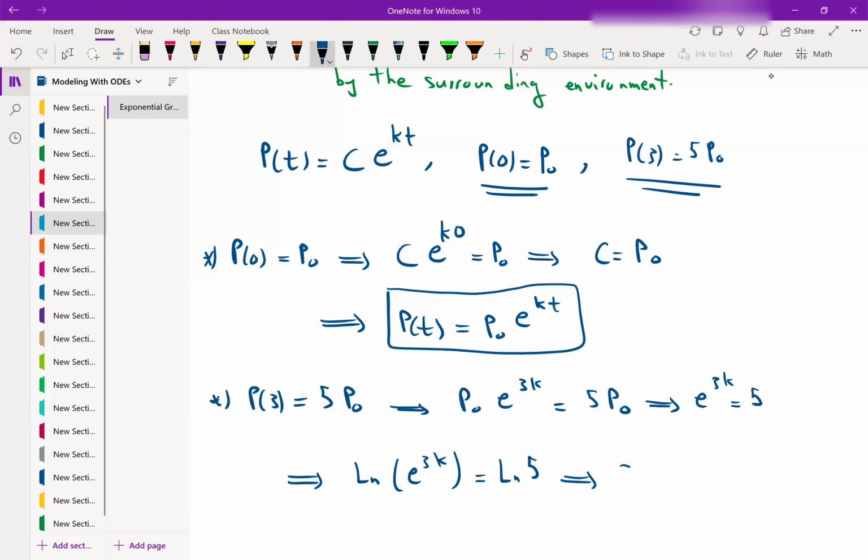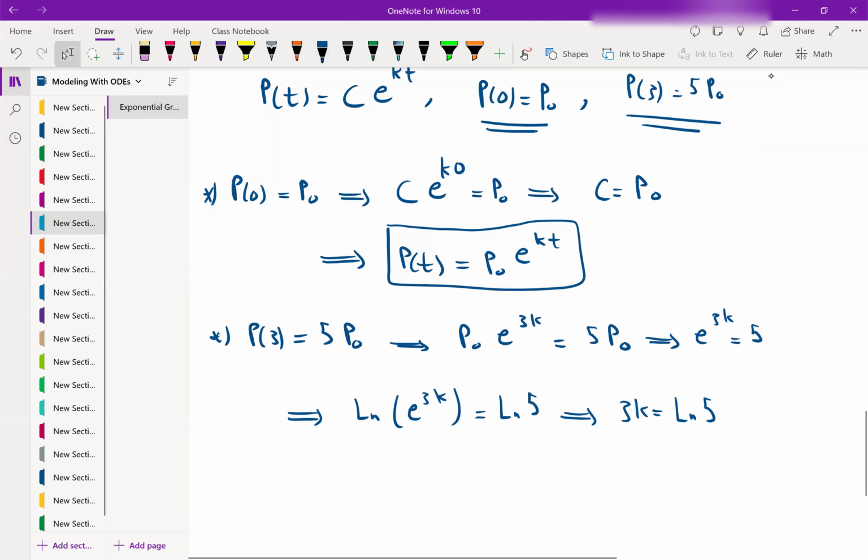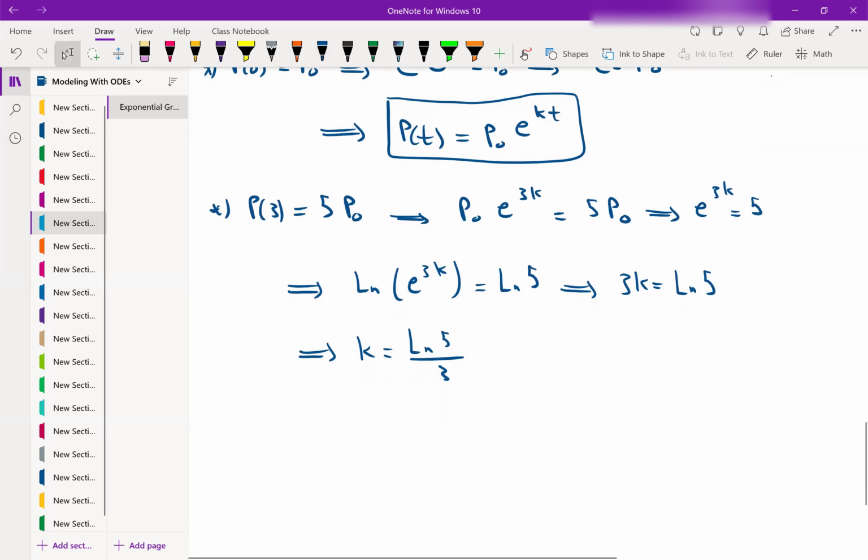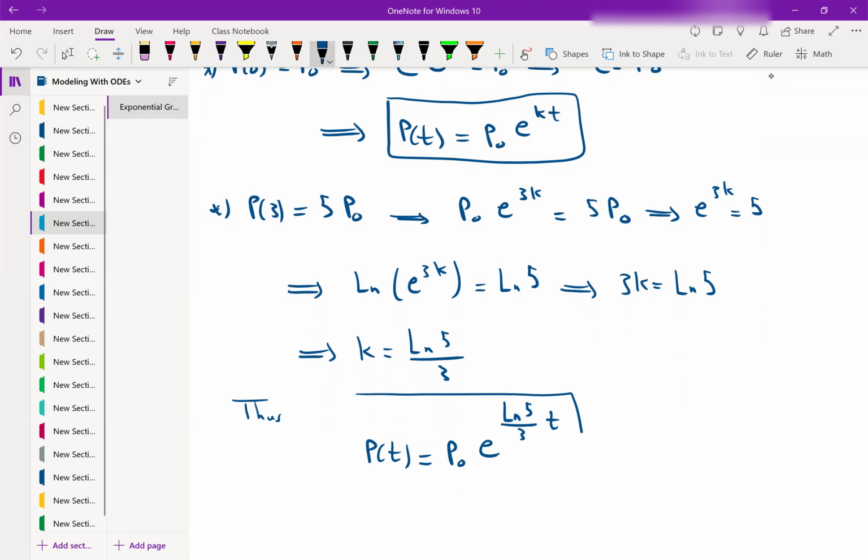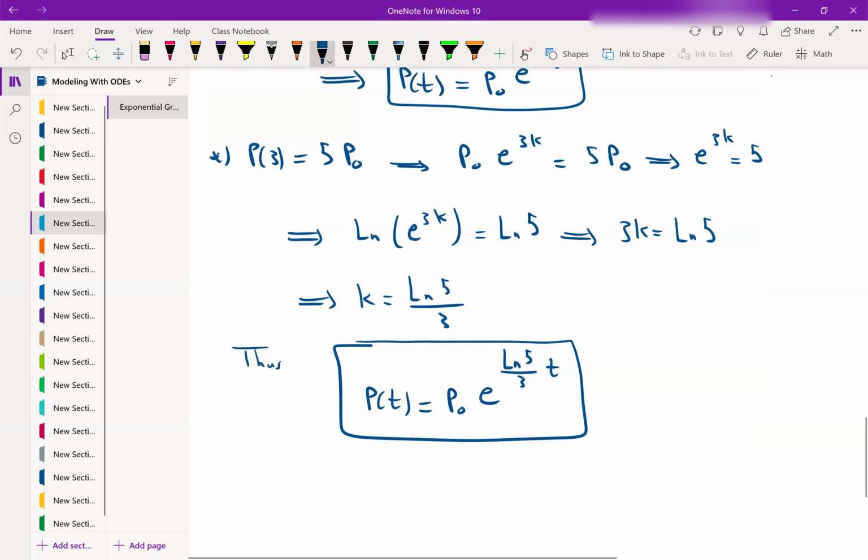Therefore, 3k is equal to natural log of 5. Therefore, k is equal to ln 5 over 3. That is our growth rate here. It's a positive number. Thus, P of t is equal to P naught e to the power of ln 5 over 3 times t. Now we have our population as a function of t.